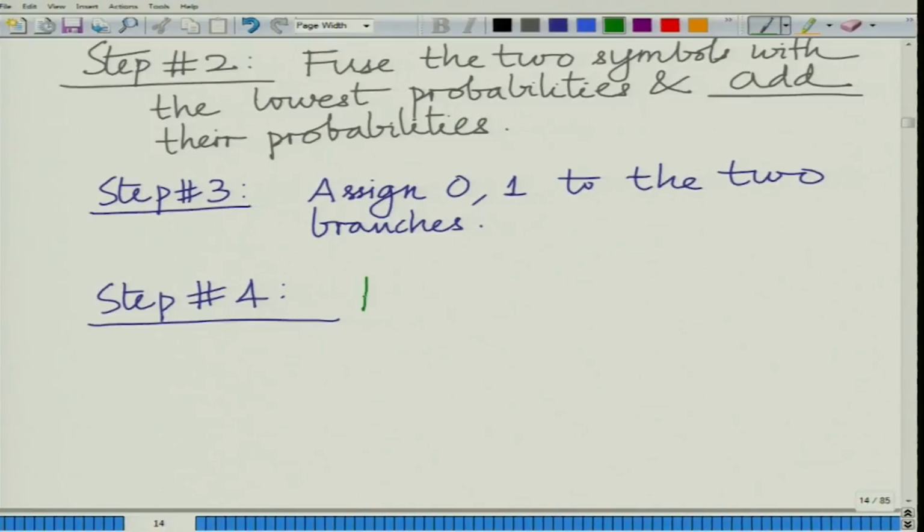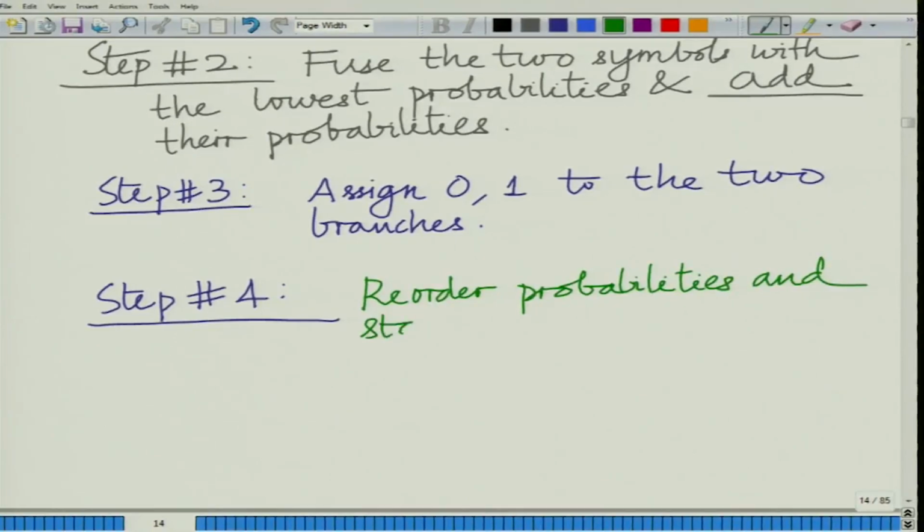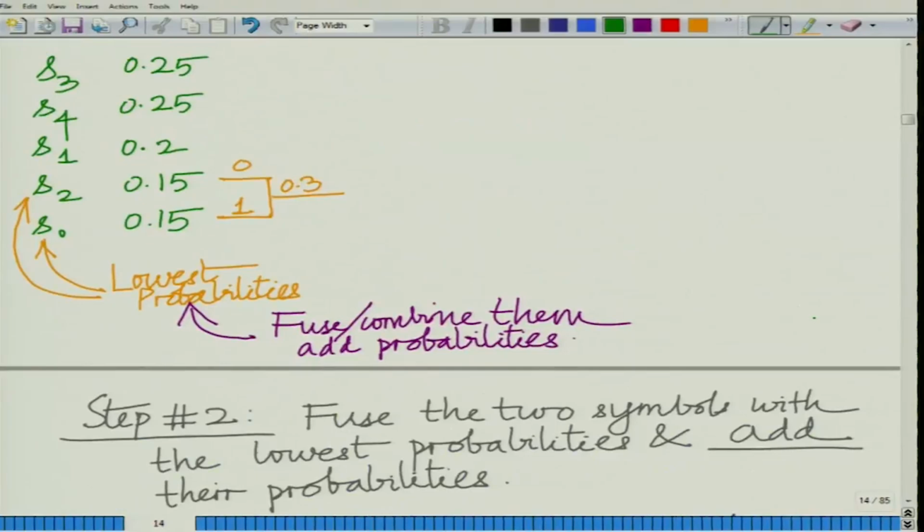Reorder the probabilities and start from step 2, that is by fusing the symbols with the lowest probabilities and adding their corresponding probabilities.